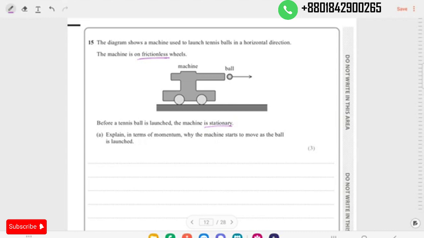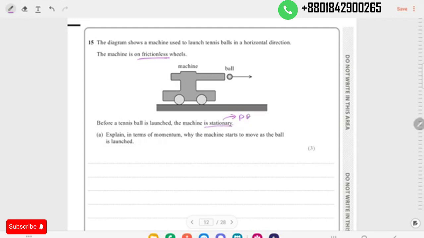In this case, as the ground is frictionless, that means no external force acts onto the system while this explosion is occurring, right? Before the ball was projected away from the machine, they were both stationary. That means the momentum before collision for the entire system was zero.